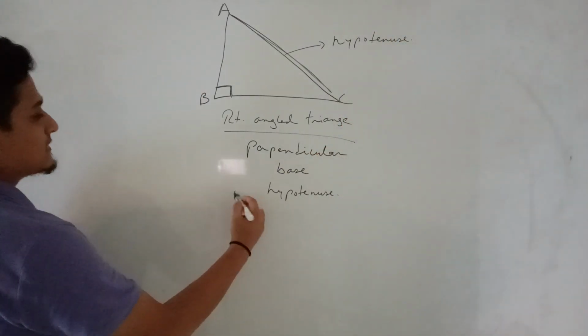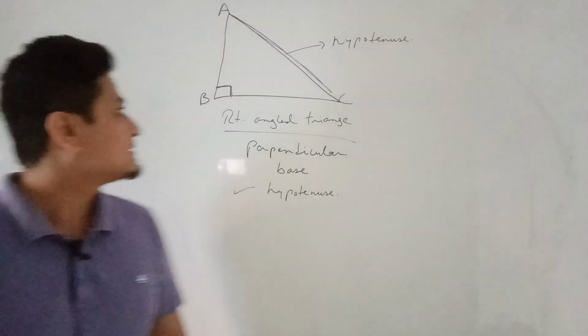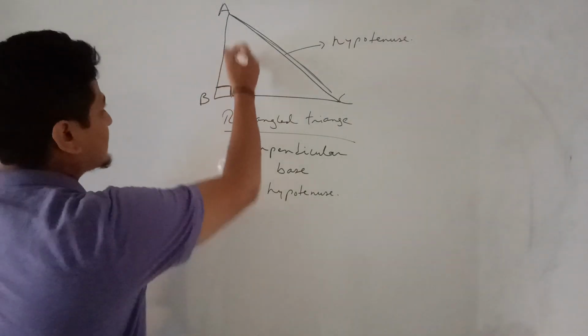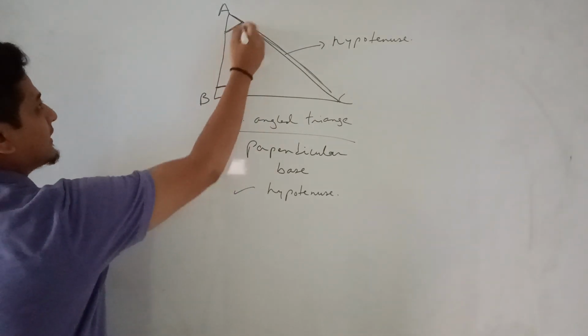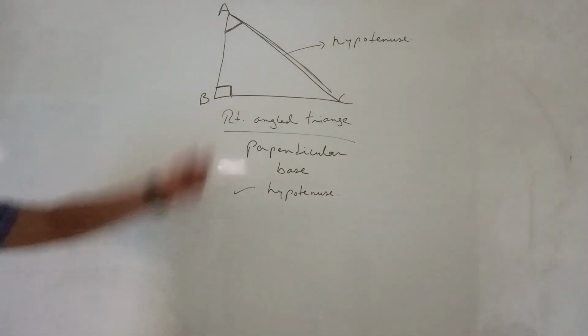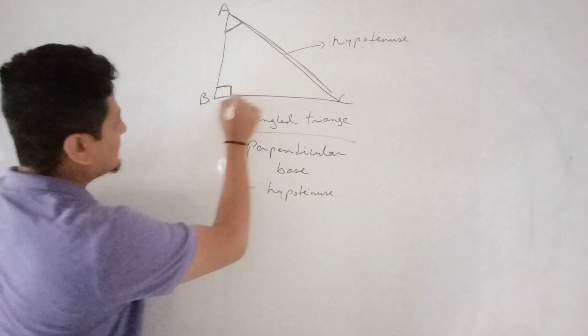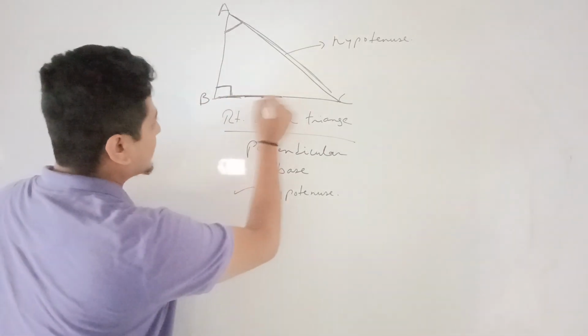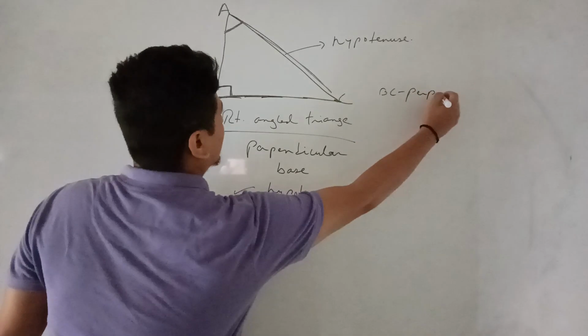Okay, so we got this hypotenuse. Now to see which is the perpendicular and which is the base. If we consider this angle, that is angle BAC, angle A, with respect to this angle, BC will be the perpendicular.